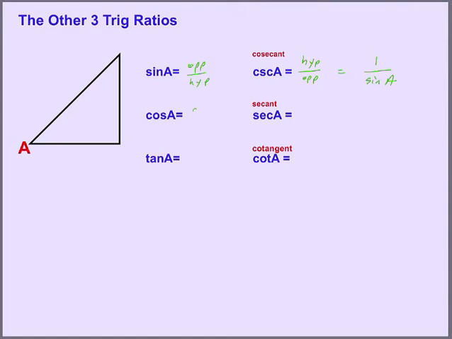We know that the cosine is the adjacent leg over the hypotenuse, and the secant, again, the symbol is just SEC, but we read it out loud as secant. Don't ever call that sec or sec. The secant of angle A is the reciprocal of the cosine, so that's the hypotenuse divided by the adjacent leg, or sometimes it's useful to write it as the reciprocal of the cosine.